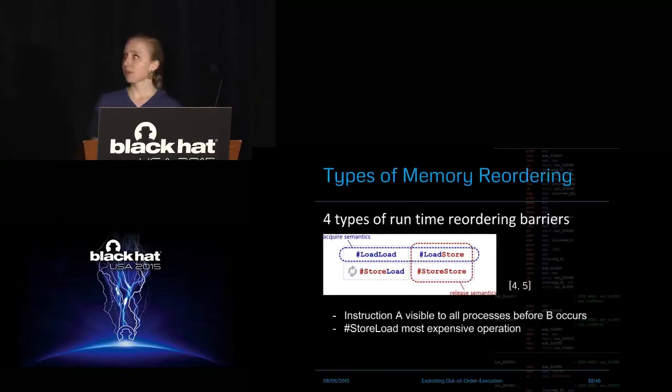So there are 4 different types of memory reordering barriers, and I just thought I'd go over the 4 options you have. You can stop loads and loads from being reordered, load stores, etc. And obviously, based on what I was saying earlier, I'm just preventing the store load optimization from occurring. So I'm maintaining the stores before the loads.